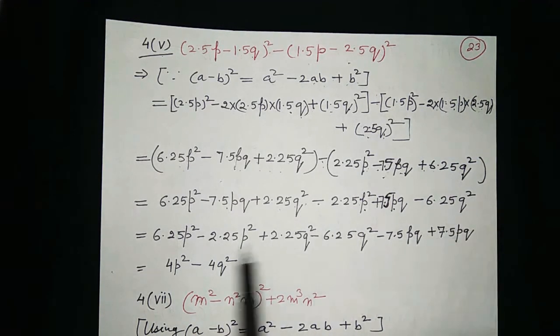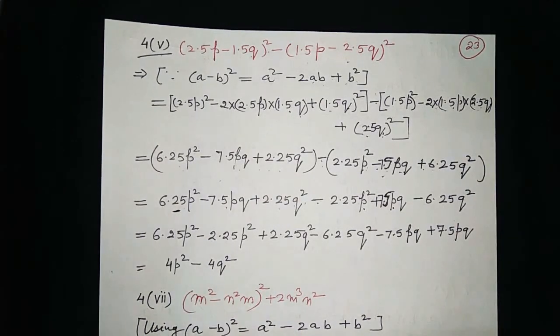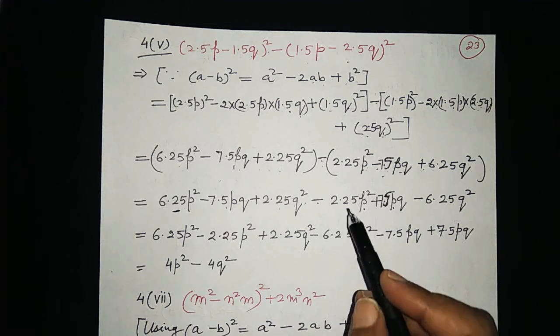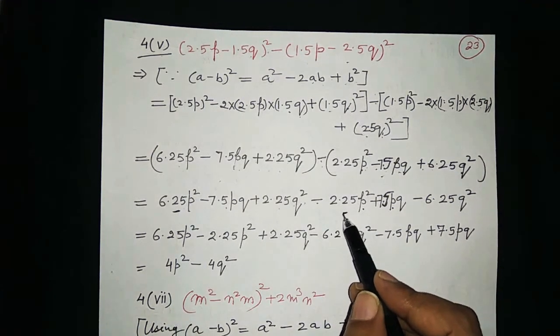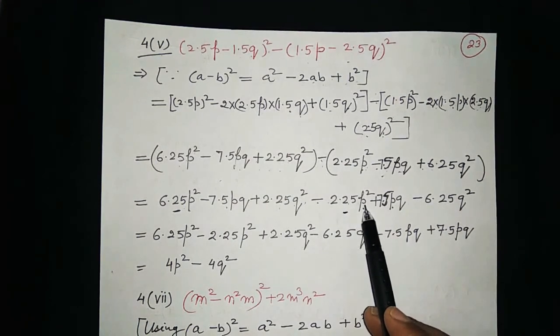Now we will solve this step. This step also we will collect the like terms. Here 6.25p square you will write. After this p square, here you will get in this term p square minus 2.25p square.